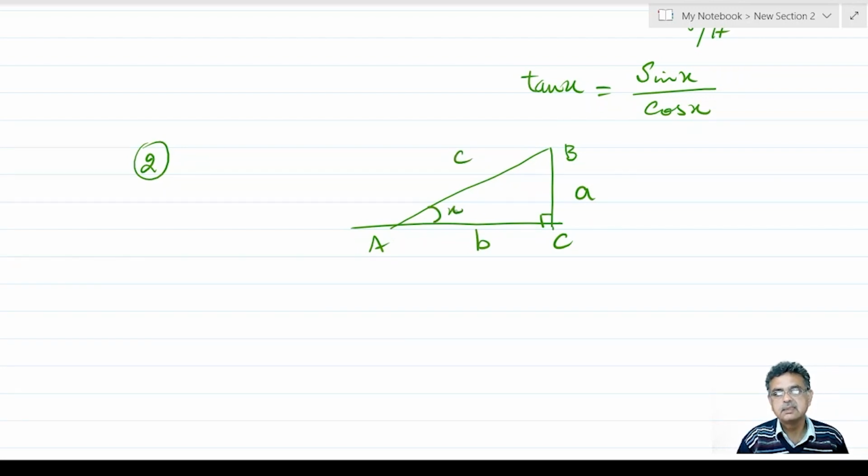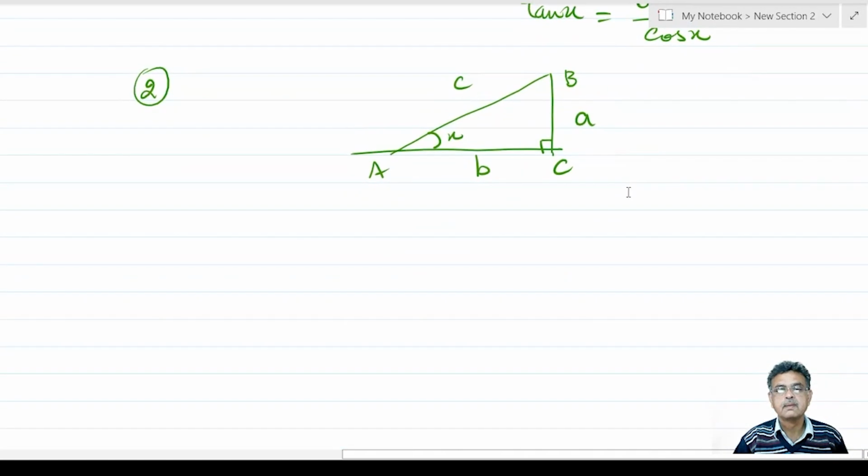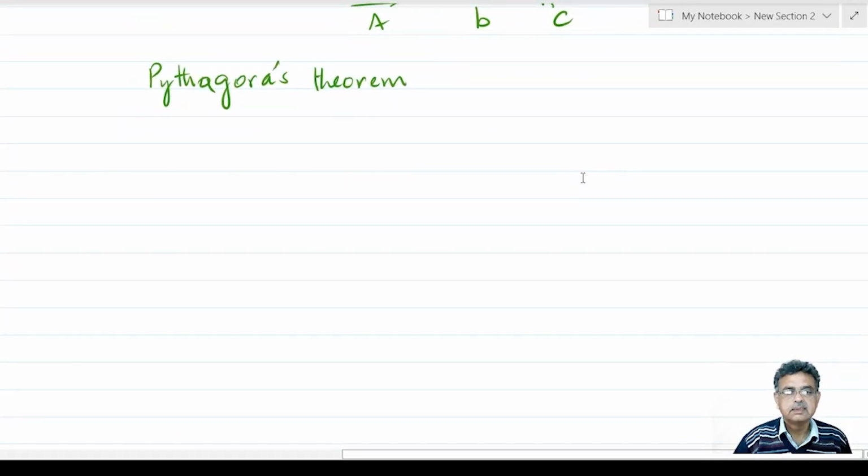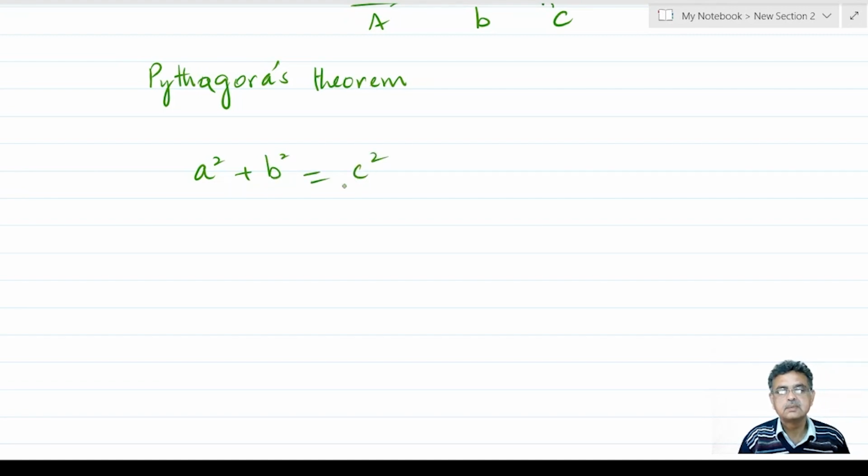If this angle is x, then according to Pythagoras theorem, it says that a square plus b square equals c square.